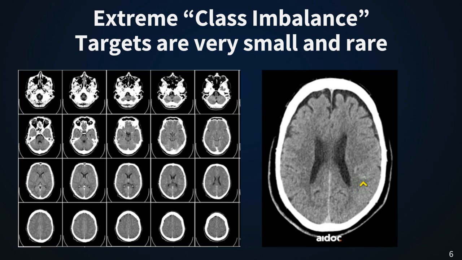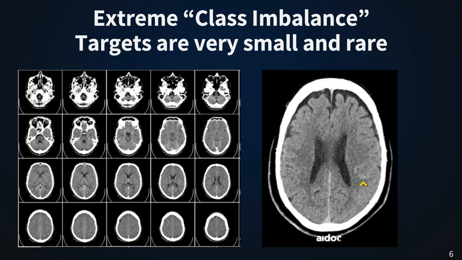So the targets are very small compared to the data, and not only that, most of the data is of healthy people, not of people that have hemorrhages or fractures, which makes the target even more rare compared to the number of pixels in the data set.